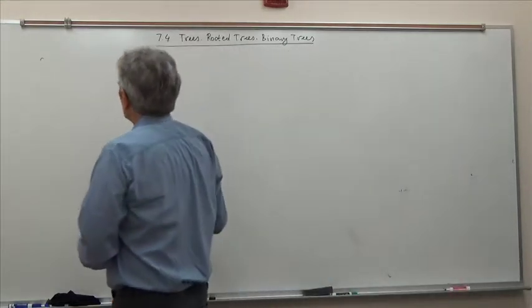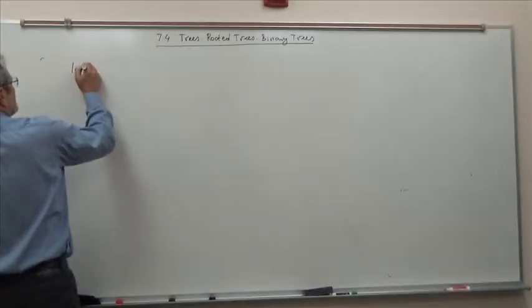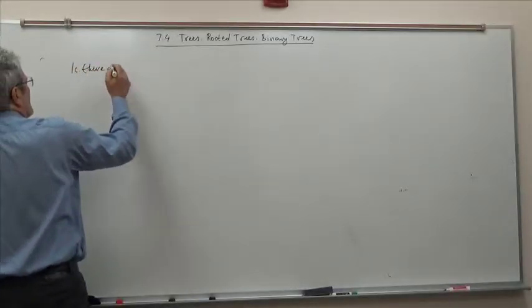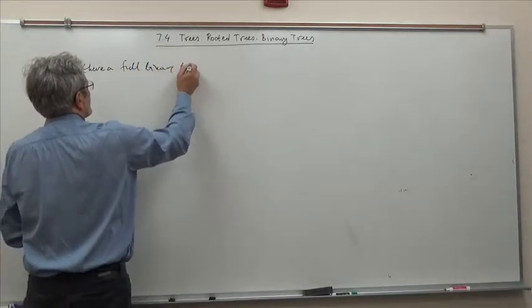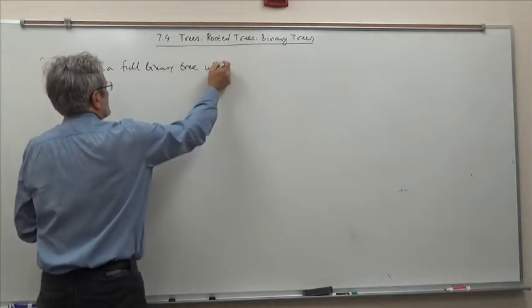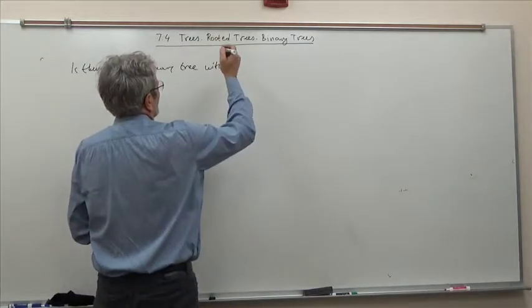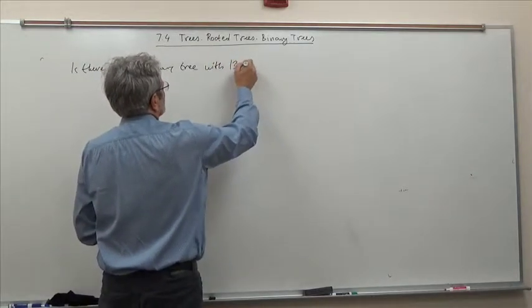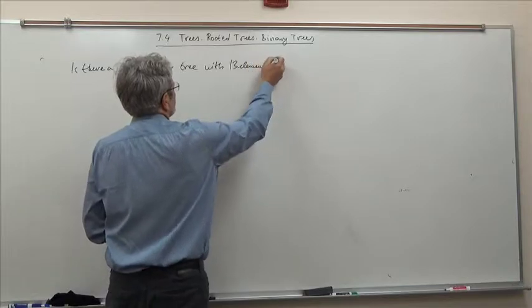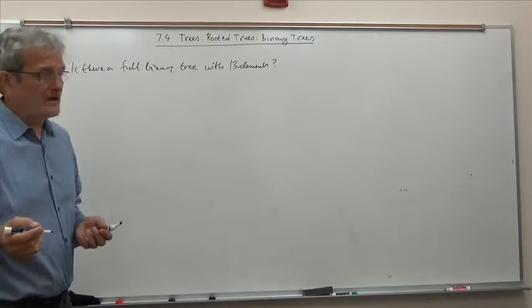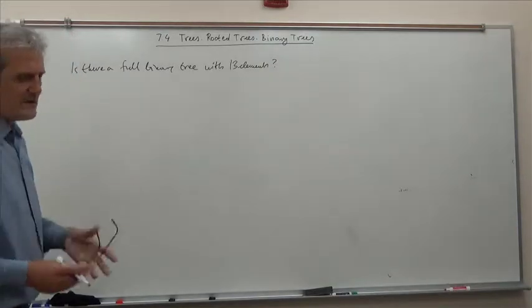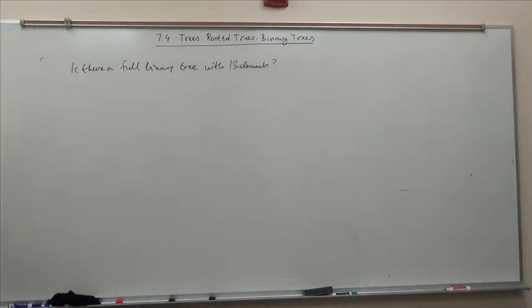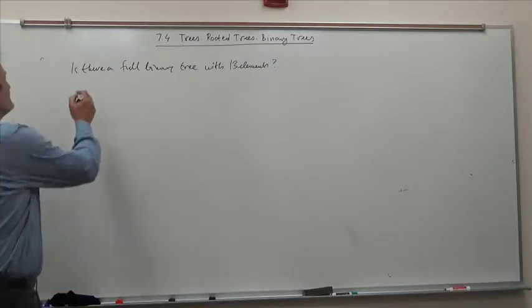So for example, is there a full binary tree with 13 elements? Not 14, because we know it's an odd number. 13, and I made the general remark in my notes, but this will explain it the same way. Then the answer is yes.